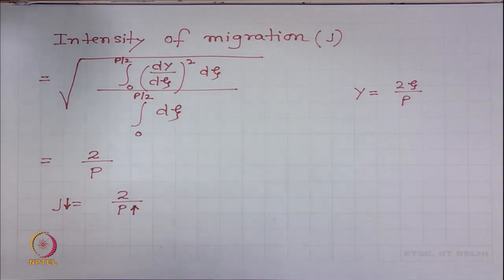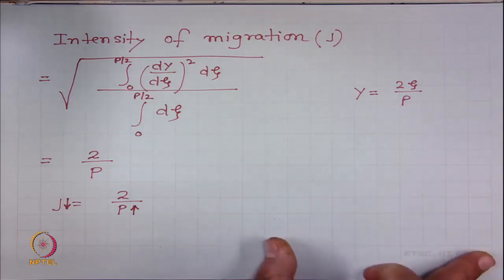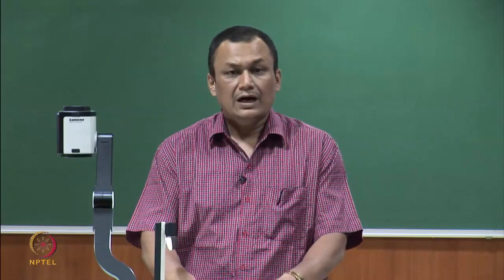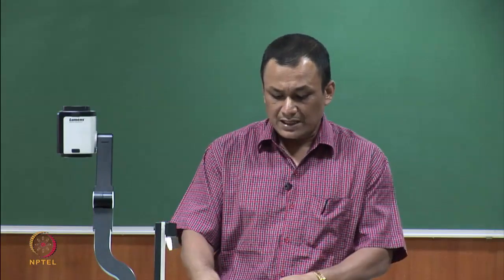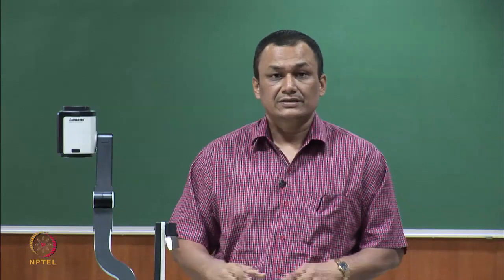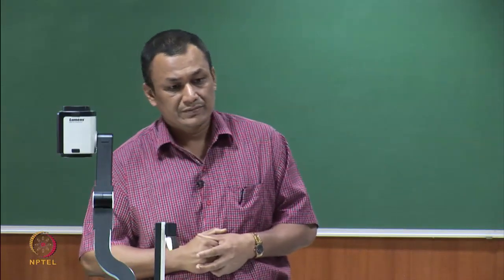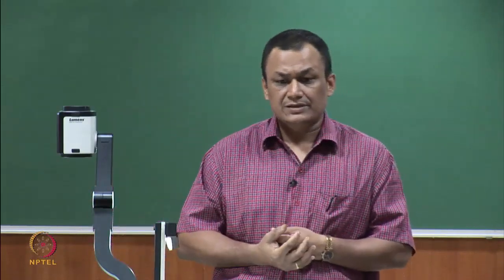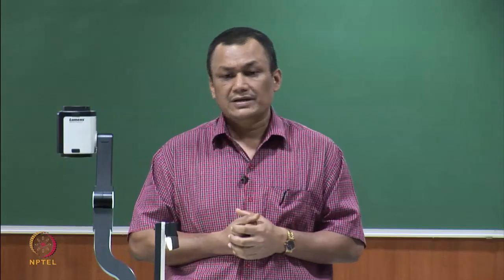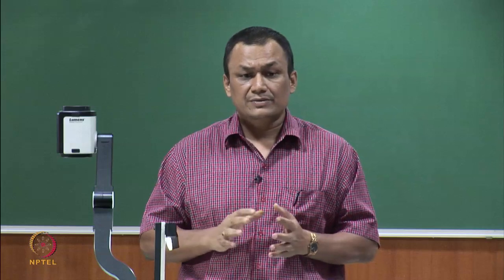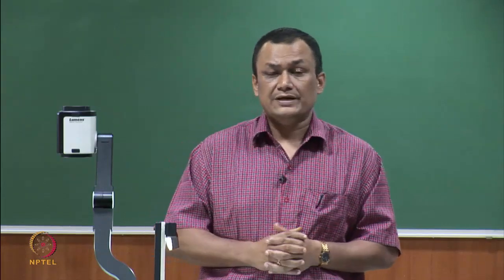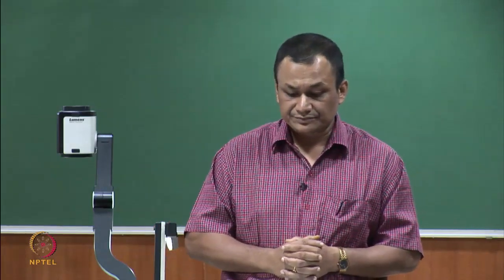Taylor's model of migration. Now, the very important question: how is the correspondence between Taylor's migration model and reality, the experimental results? Is it so that Taylor's model explains the experimental results very well, or is it so that Taylor's model fails to explain them?